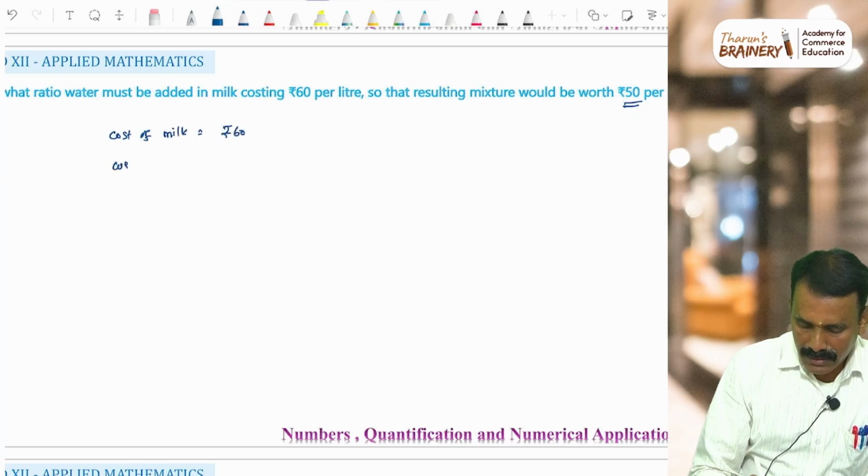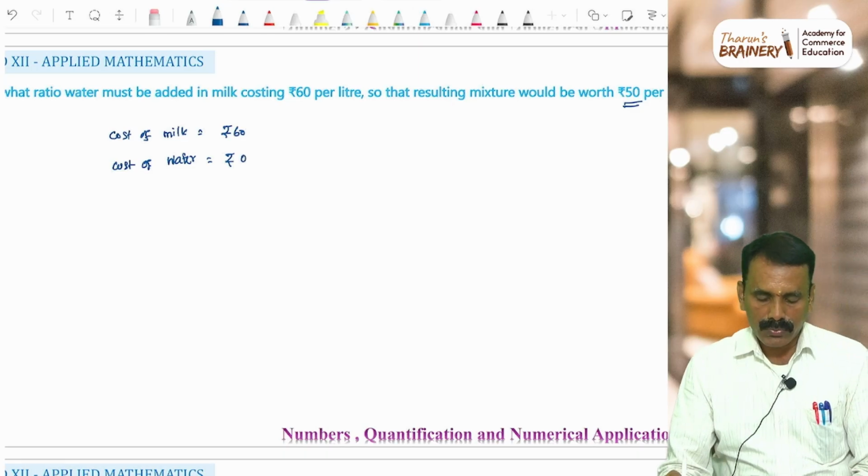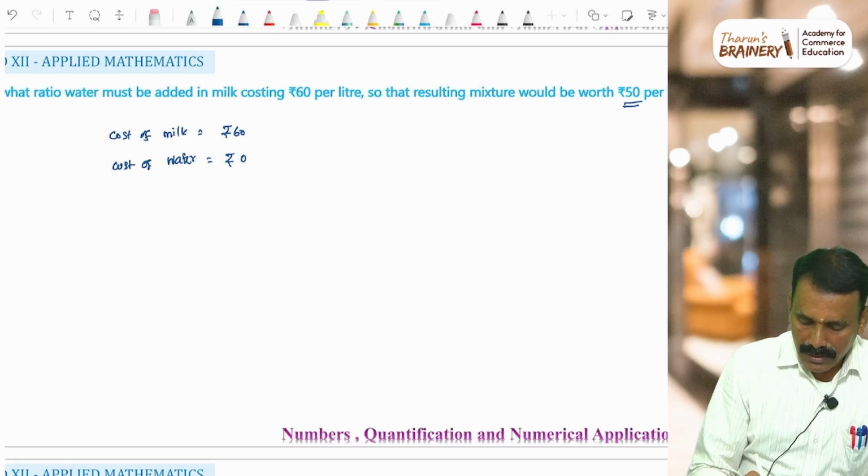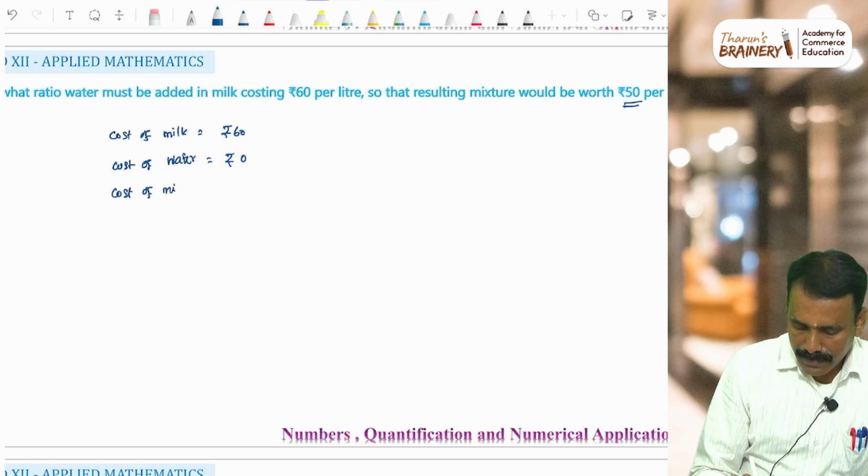The cost of water is not given, so we take it as 0, and we mix these two in a certain ratio so that the cost of the mixture is going to be rupees 50.